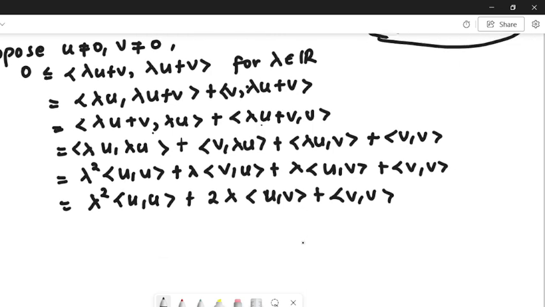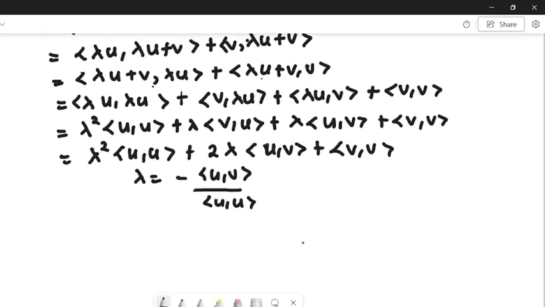So we're going to make our substitution that lambda is equal to negative uv over the inner product of u and u. So wherever we have a lambda, we substitute, but remember initially we had a 0, so we are using a bracket because we have negative values involved.